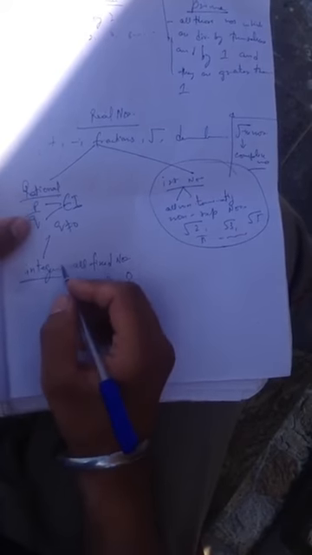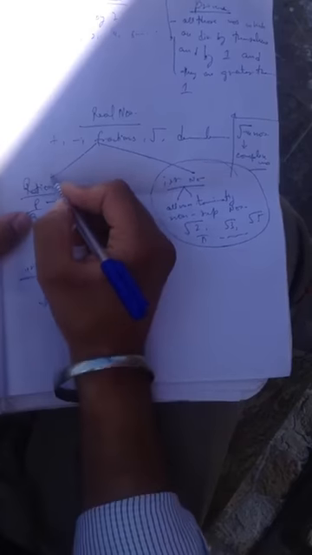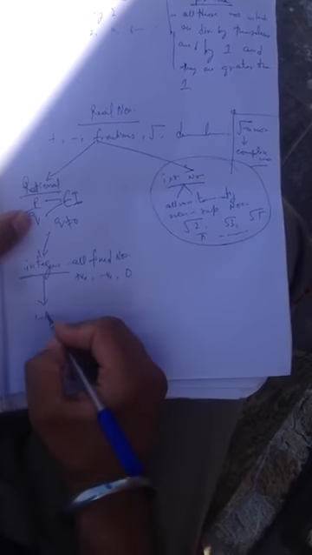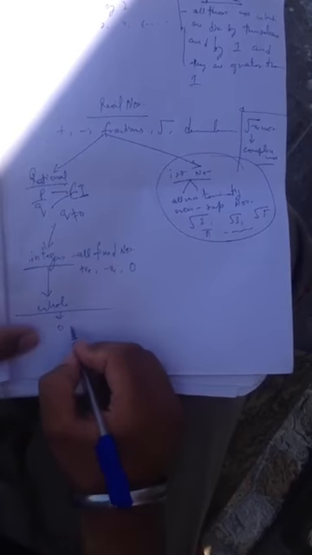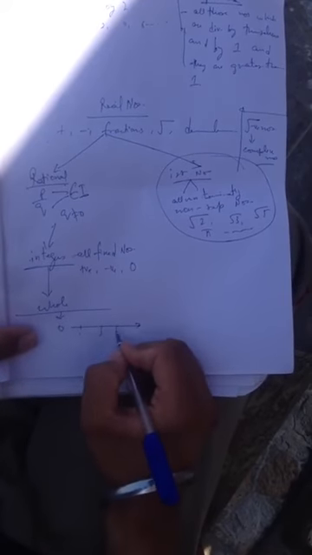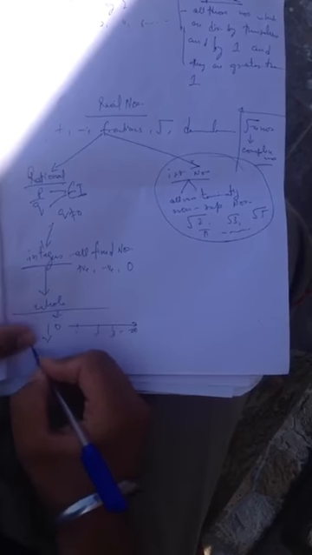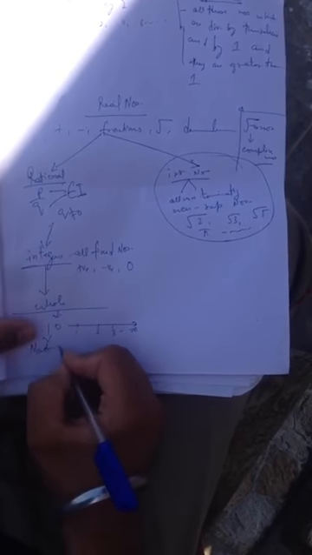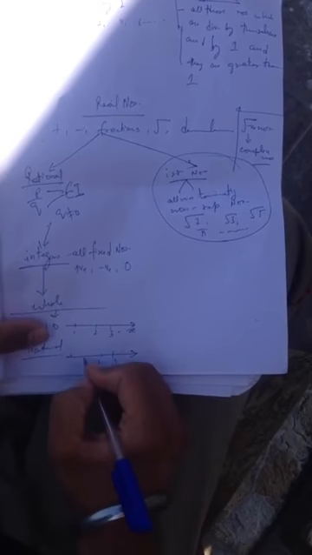Under integers we have subcategories: whole numbers, which are all those numbers that start from 0 till positive infinity. Under whole we have natural numbers as a subcategory, that is numbers which start from 1, 2, 3 and so on till infinity.